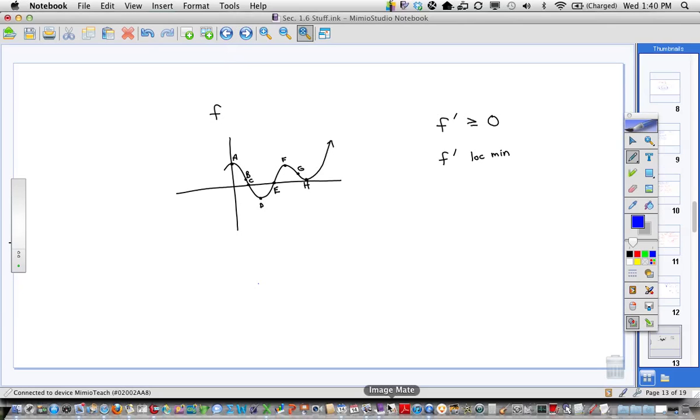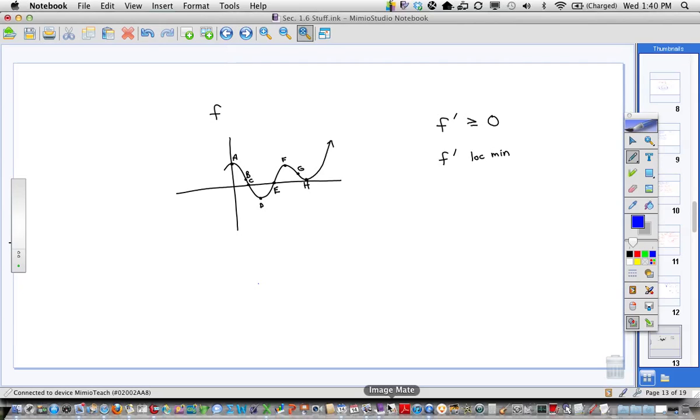Where does F prime have a local minimum? Go. B and G. That was a tricky one, wasn't it?